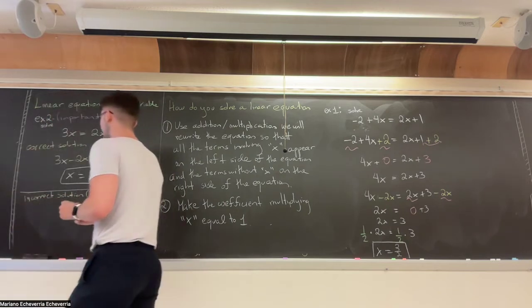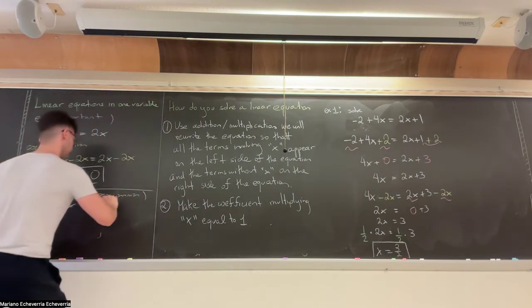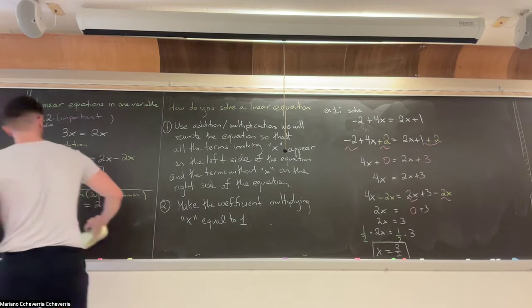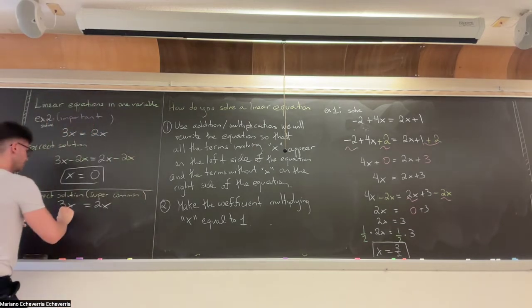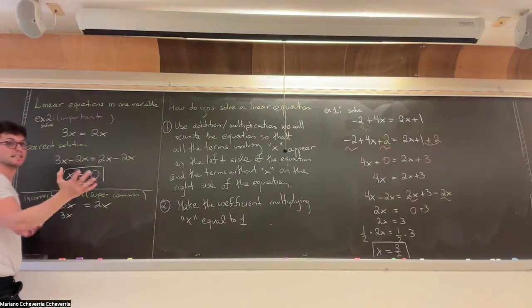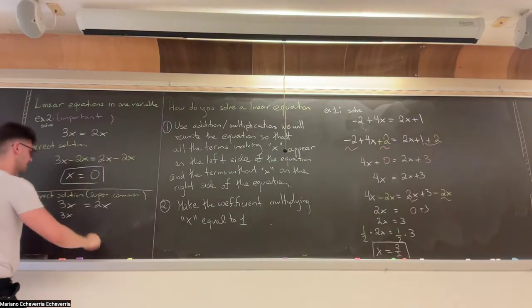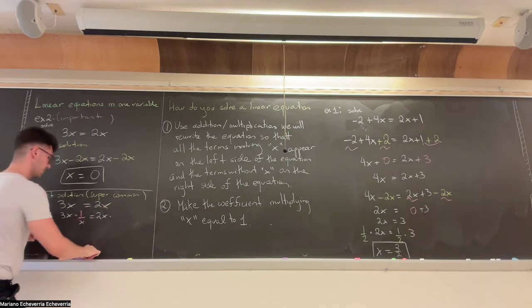What's very common is that you say, okay, I have 3x equals 2x, right? And then you might think, well, let me just multiply both sides by the reciprocal of x. That is a common mistake. So you would say 3x times 1 over x equals 2x times 1 over x.